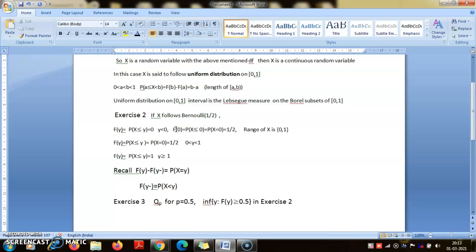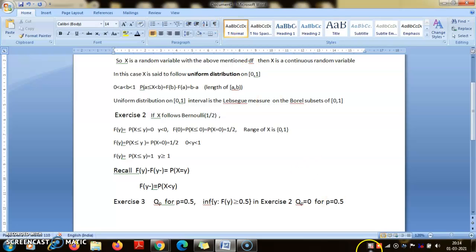So you don't need to look any further, because beyond that it cannot go down. It is a non-decreasing function. Therefore Q_p will be 0 for p equal to 0.5.